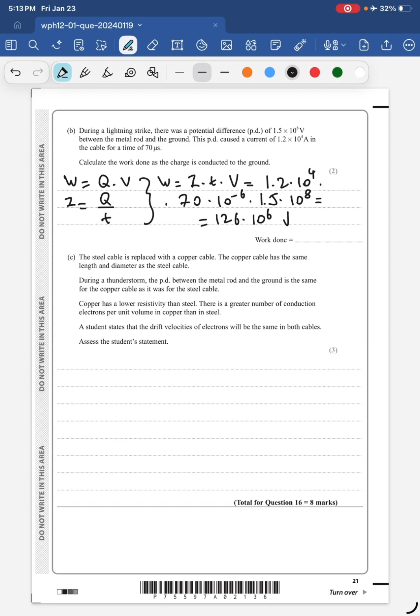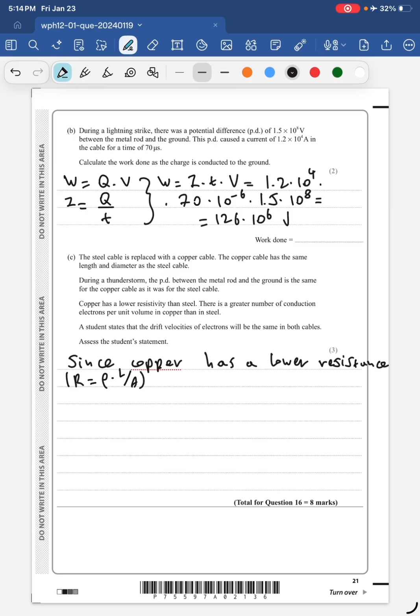Okay, we can say that since copper has a lower resistance, right? Because resistance is resistivity times length over cross-sectional area. So the length and cross-sectional area are the same for the steel and copper cables.